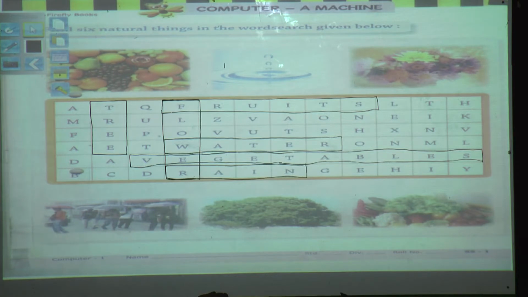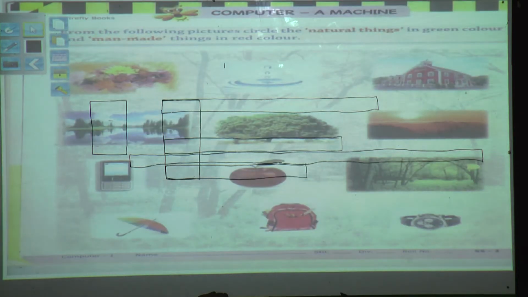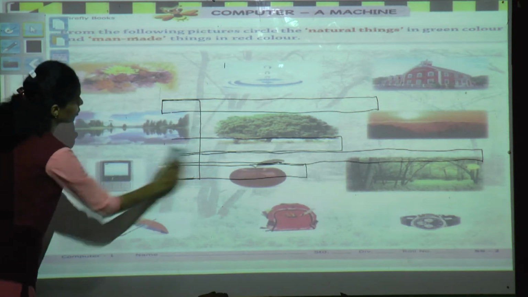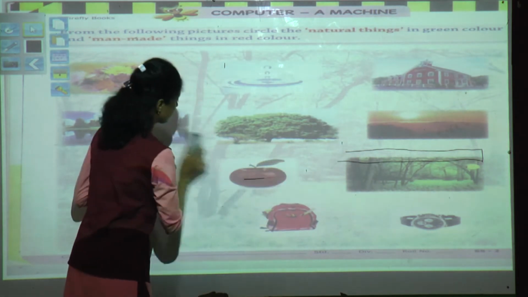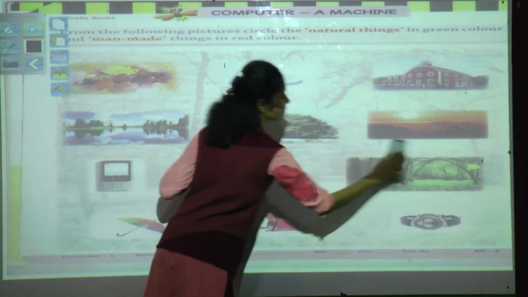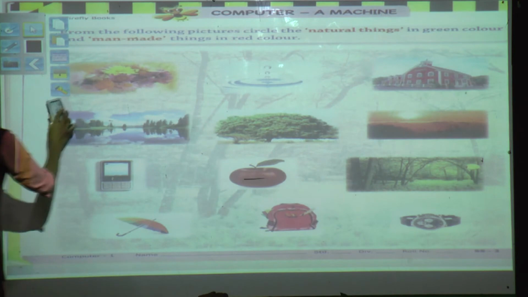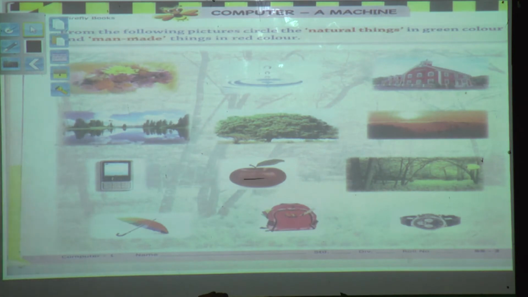Now we will see our next page, number 2. What is the question there? From the following pictures, circle the natural things. Natural things are made by God. Good.